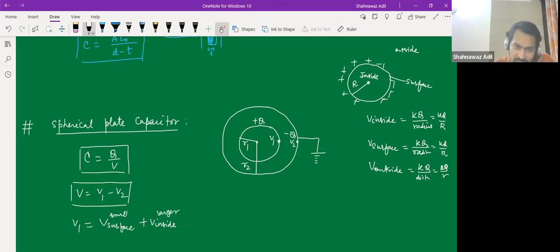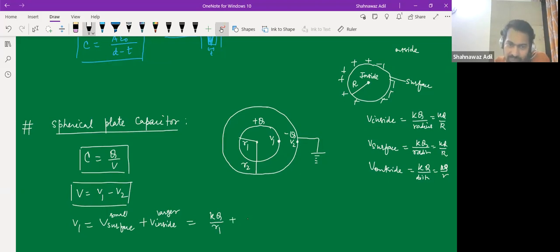Now can you tell me what would be V surface for the smaller one? KQ by R1, right? R1 is the radius. Now tell me about the larger sphere.